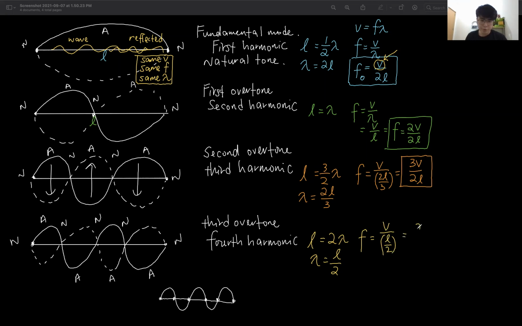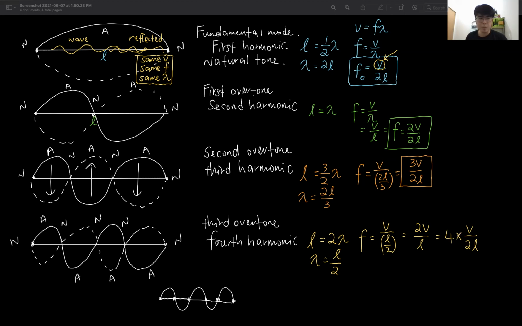So that is 2V over L. Now this one, I can put it like this. 4 times V over 2L. It's the same thing, right? So by putting the 4 in, you get the same thing, 2V over L.